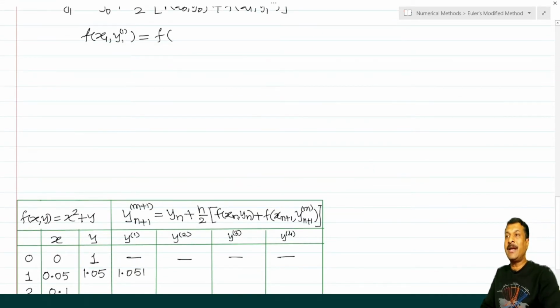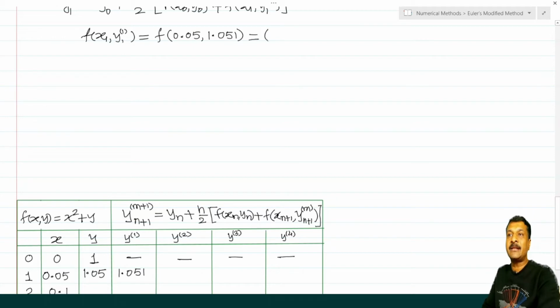So what are the values of x1? x1 means first position. What is the value of x? It is 0.05. What is the value of y1? The improved value, the last value of y1, is what? So in this row I will see the value of y. The recent value is 1.051. And that is equal to, what is f of xy? It is x square plus y.